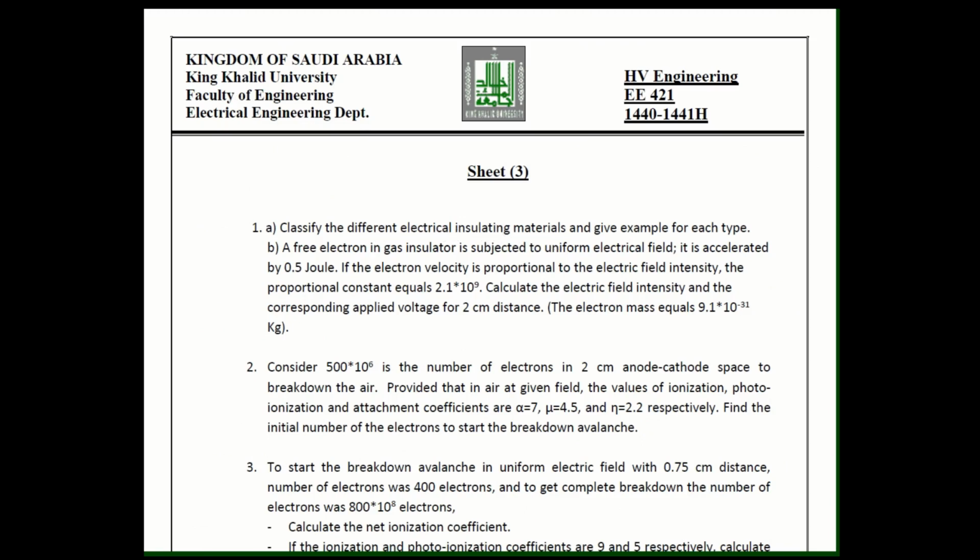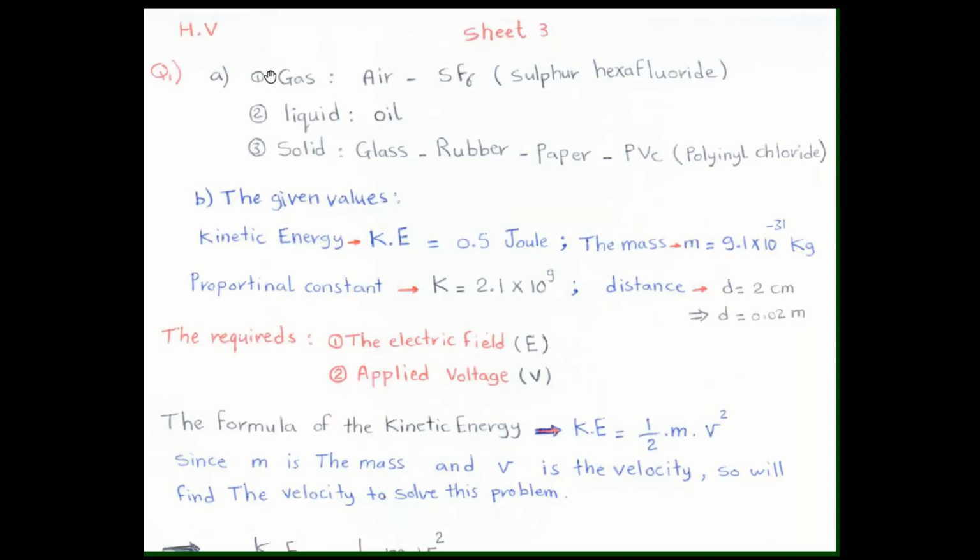For the different electrical insulating materials, we have 3 types. The first one is gas, and examples for gas are air or SF6, which is sulfur hexafluoride. You can Google it to get full knowledge about this gas.